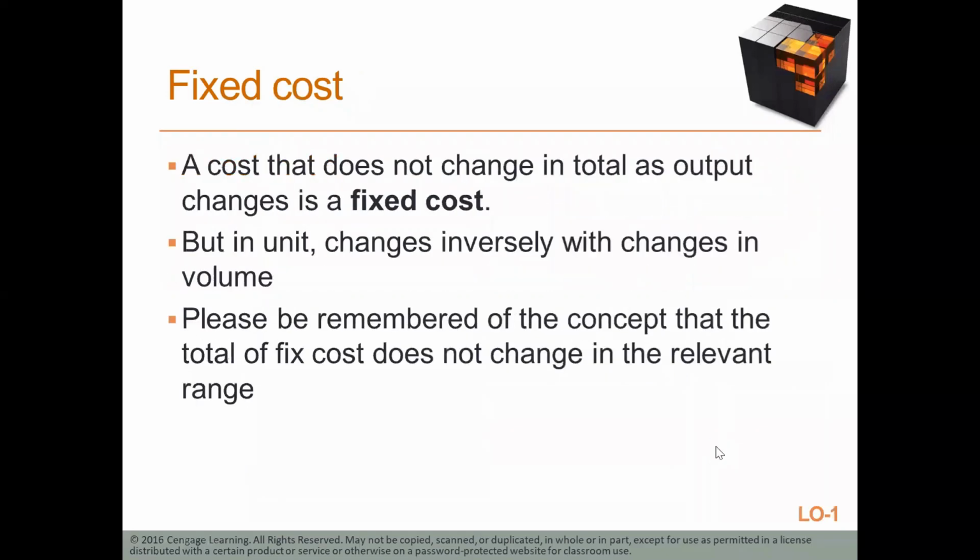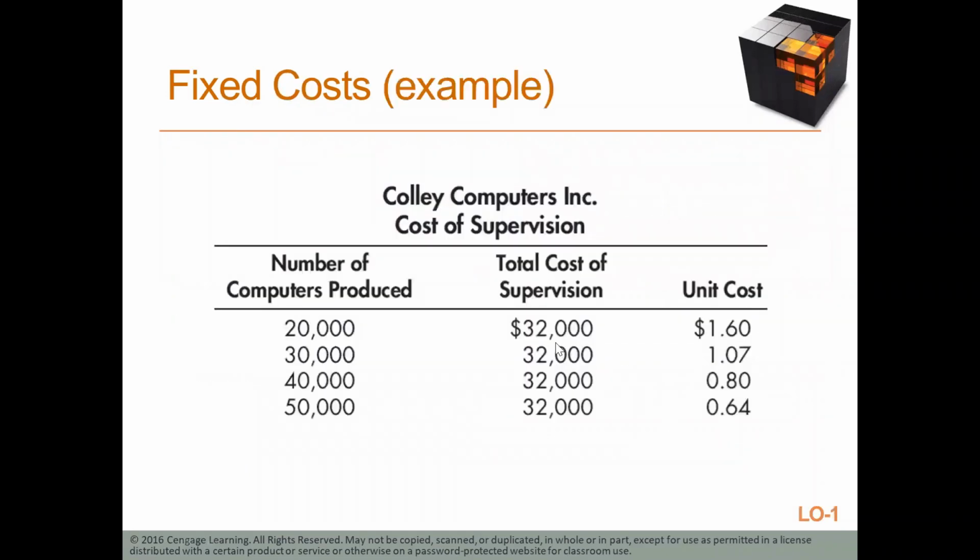Take a look at the example. The example of the fixed cost here is the total cost of supervision, and we have this number. Regardless of how many computers are produced, the total cost of supervision, which is the fixed cost here, will remain the same. But when we calculate it per unit, the more computers produced, the lower the unit cost.